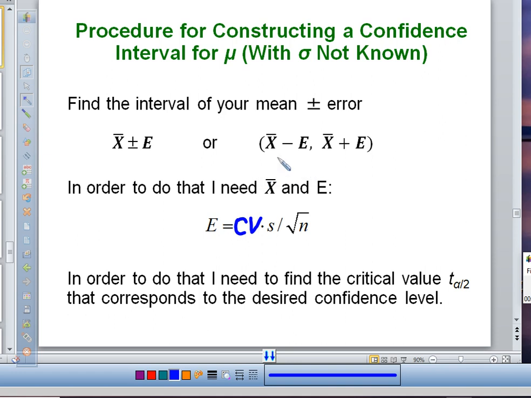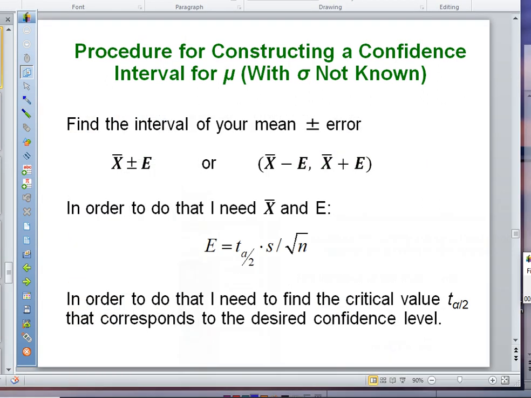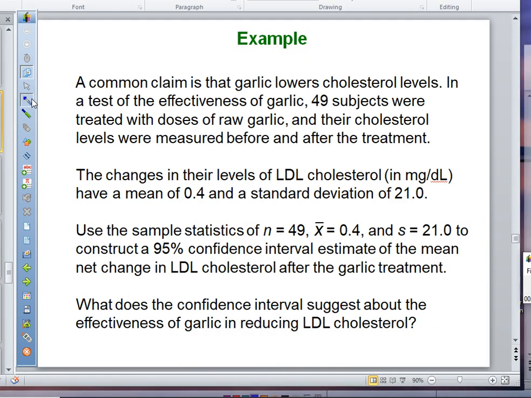In order to do x bar minus e to x bar plus e, I need my x bar, which we have. I need my error, which you find by finding your critical value from your confidence level, and then your standard deviation divided by square root of n. And again, your critical value is going to be from using your t-table.